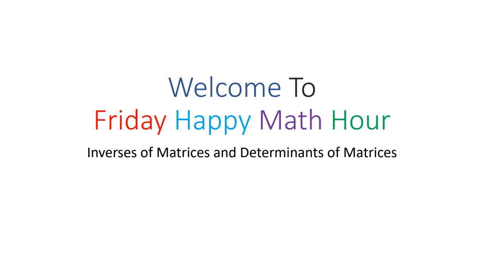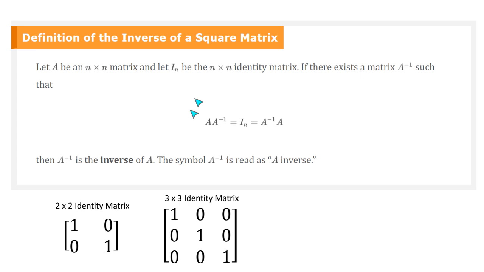Okay, so for the inverses, the definition is that if you take a matrix A and multiply it by its inverse and you get the identity, and if you switch them around and put the inverse first times A and you still get the identity, then we say that they are inverses of each other.